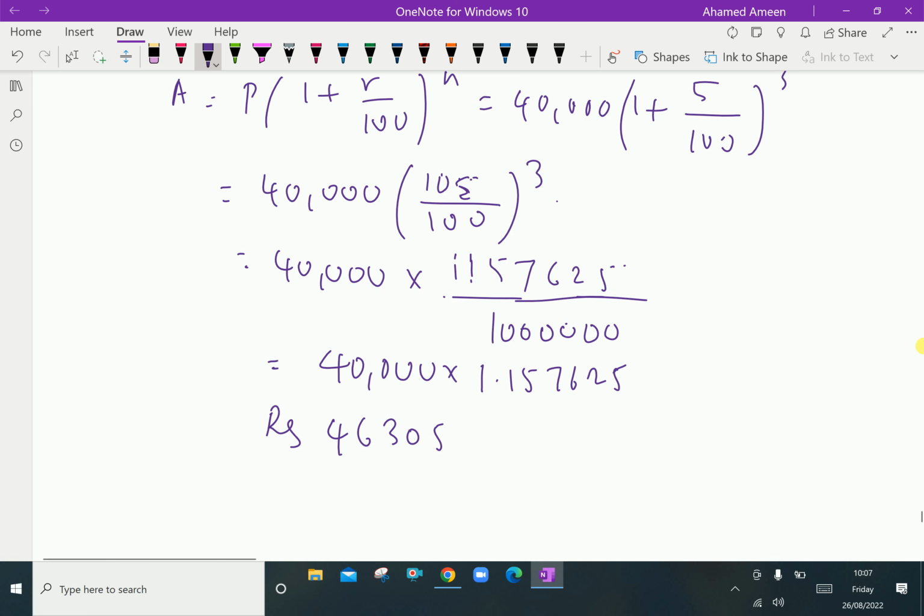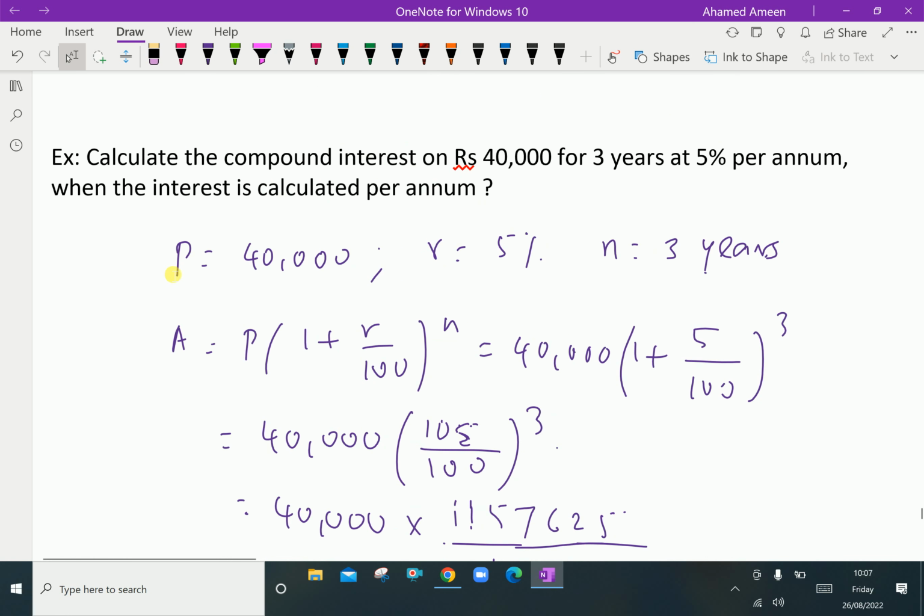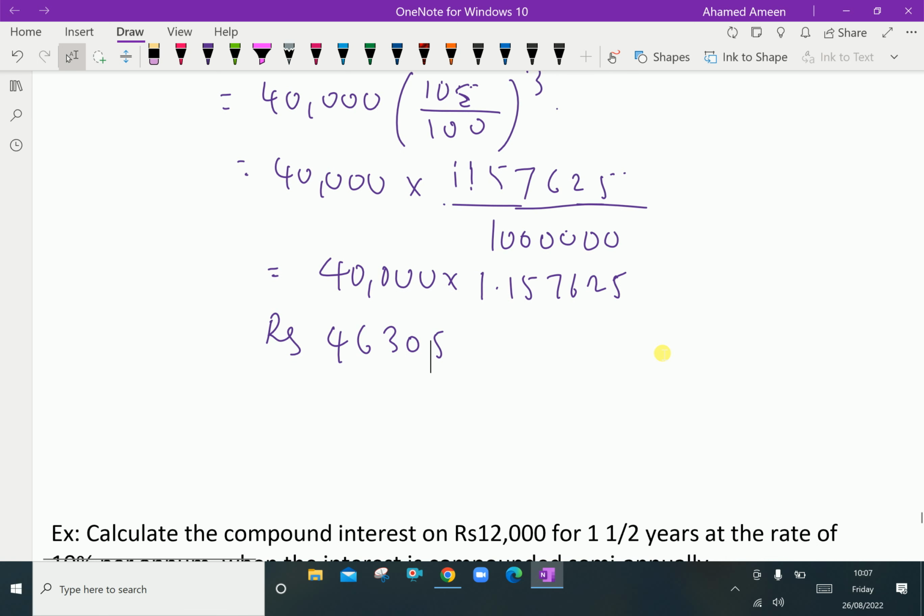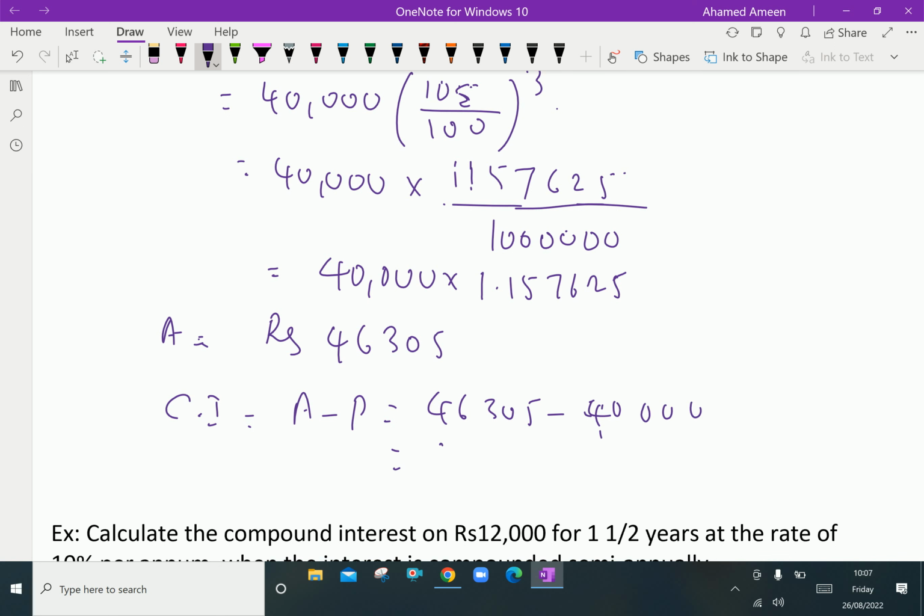Here he deposited 40,000. After 3 years, the total amount with compound interest is 46305. Therefore the compound interest I equals A minus P, that is 46305 minus 40,000, which equals 6,305.